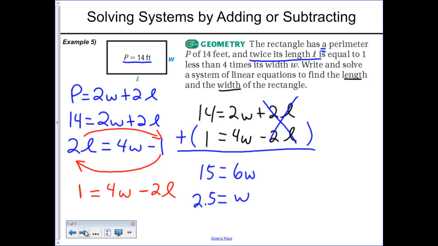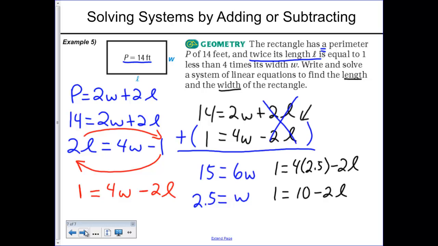So how do we find the length? We go back to one of our equations. Let's say we go back to this equation right here, and we substitute a 2.5 in place of W and solve for L. So 1 is equal to 4 times 2.5 minus 2L, and now we solve for L. So 2.5 times 4 gives us 10, so 1 equals 10 minus 2L.